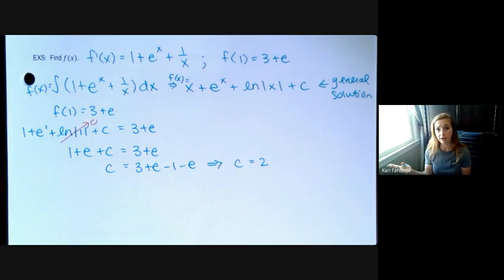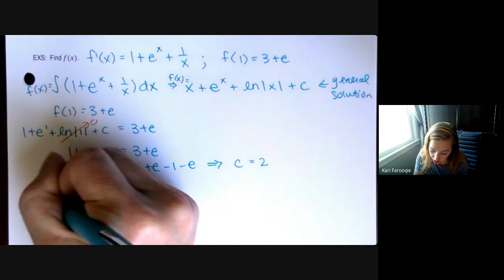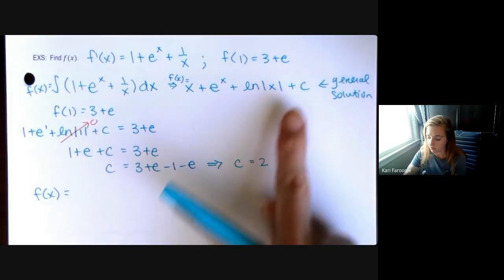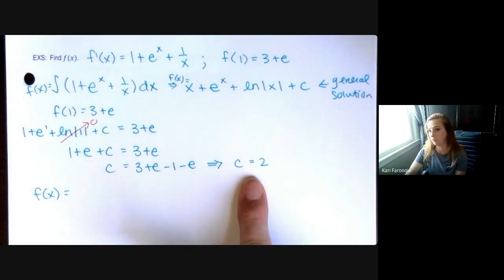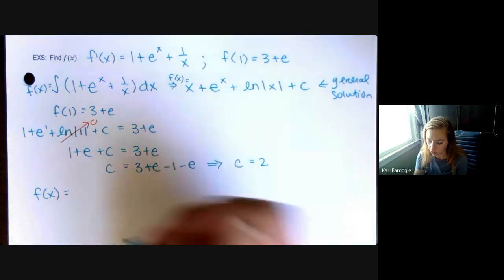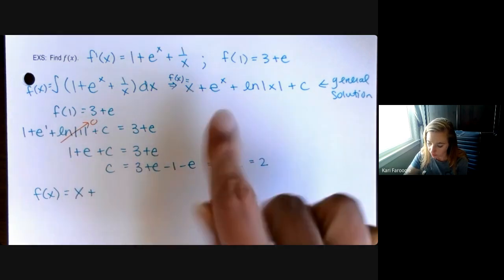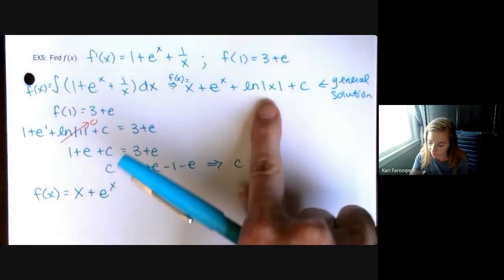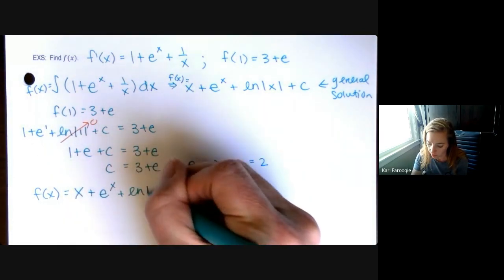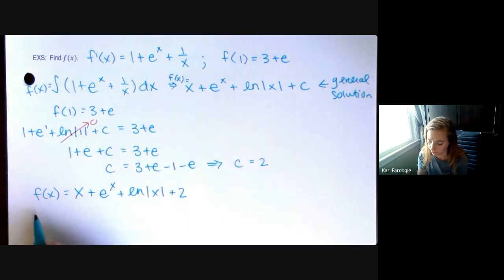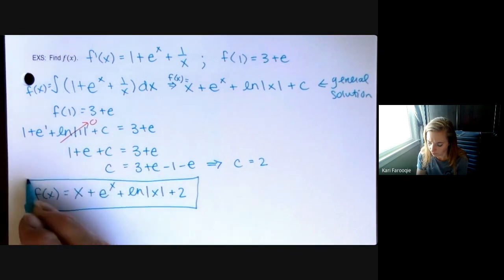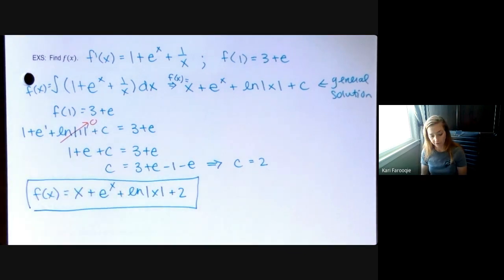Once you found that value for c, you can go ahead and rewrite your function f of x. This time, instead of writing c for your general solution, you're going to use the value of c that you found. So I'm going to rewrite my function as x plus e to the x plus the natural log of the absolute value of x plus 2. All right, so that is the particular solution.